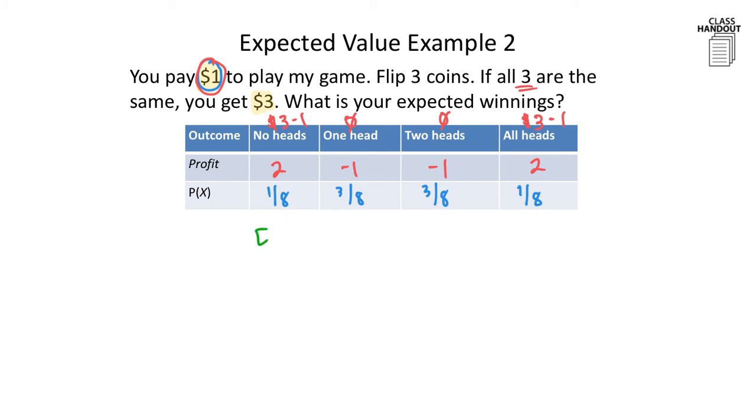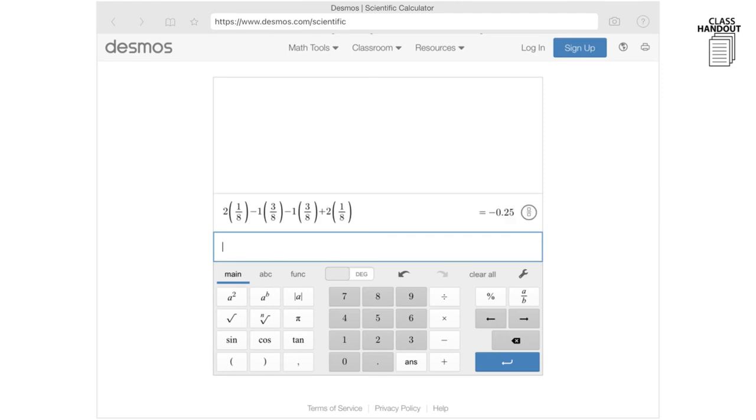So to calculate the expected value, we're going to do 2 times 1/8 minus 1 times 3/8 minus 1 times 3/8 plus 2 times 1/8. So the expected value in this case is going to be negative 0.25.